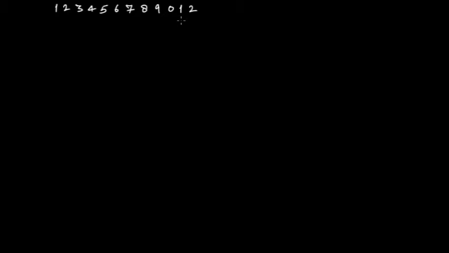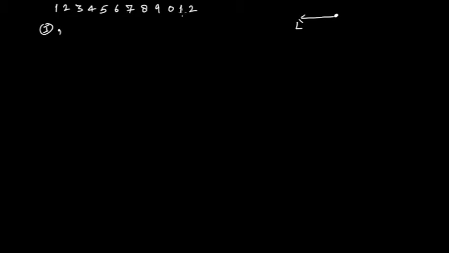So what would be the first step? First step would be to put the comma, to use the comma. And how you would use the comma? Start from the right, and then move towards the left. And after every 3 numbers, put the comma.